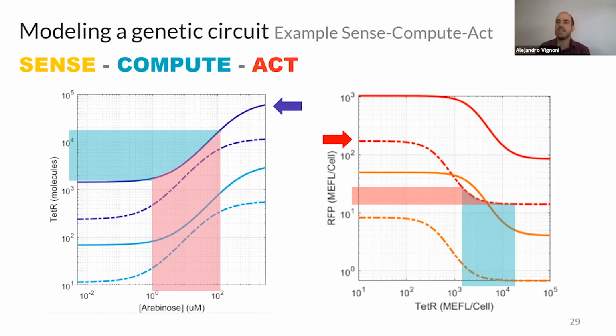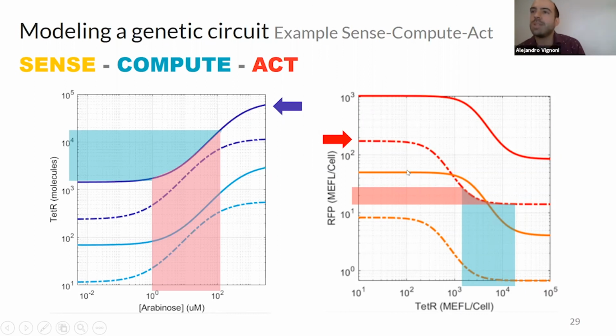because of the way we combined the RBSs and the copies of the plasmids. Okay, so yes, it means that in the answer for the previous question, sometimes we need to have a weaker expression or a higher expression to make sense in the total construction of our device. Okay, for example, in this case, one may want to use, for example, this curve to have a higher range here, or to use this orange instead of this one.